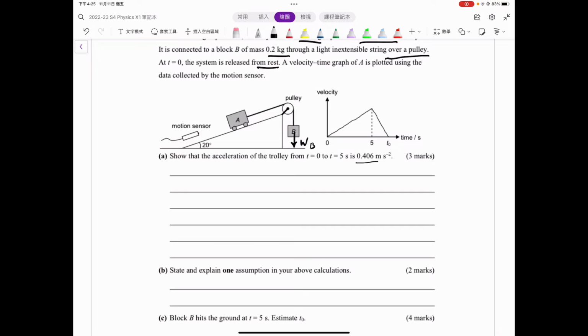Now, weight of B, tension, and then this one is tension, weight of A, and the normal force.